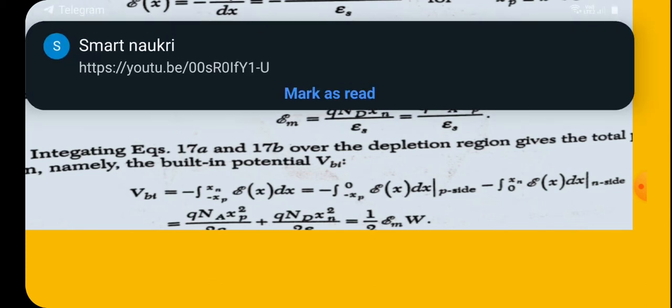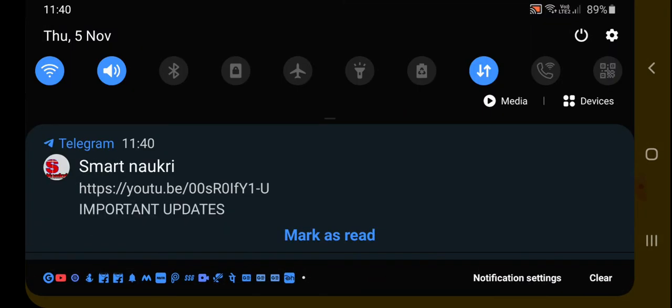If we integrate this equation over the depletion region, this gives us the total potential variation, that is the built-in potential VBI, given by the integral of E dx. So VBI is equal to minus the integral of E dx in the limits minus xp to xn.